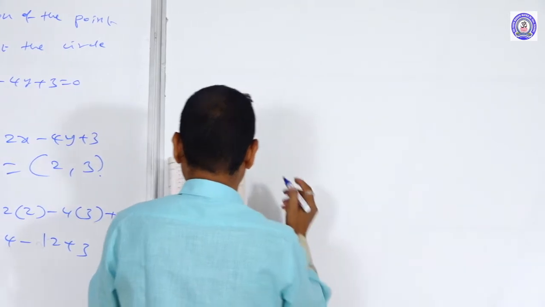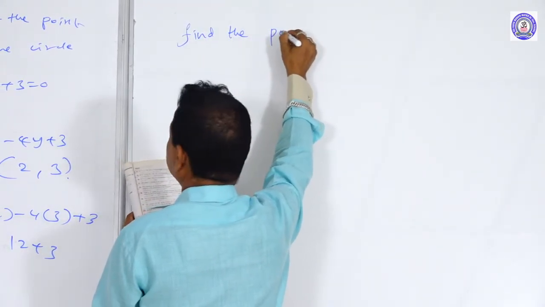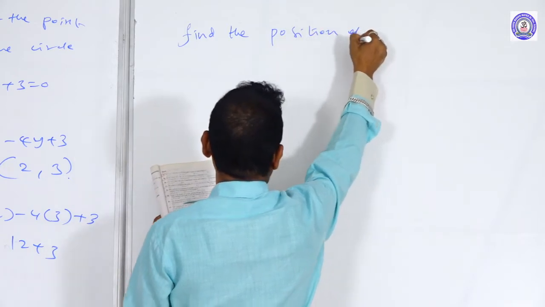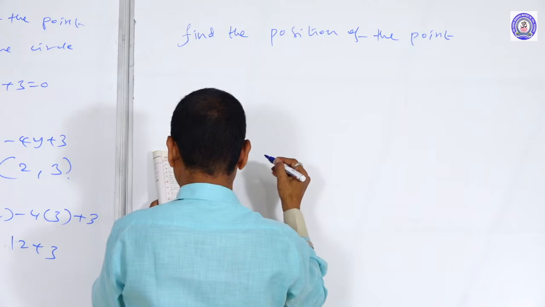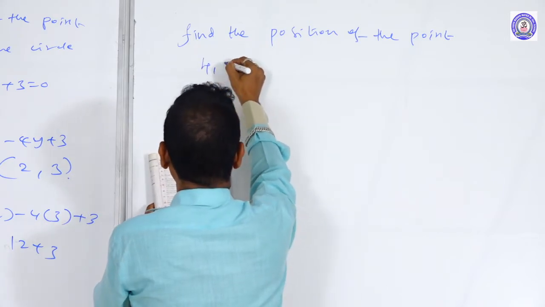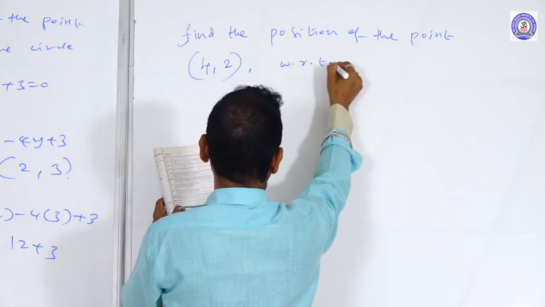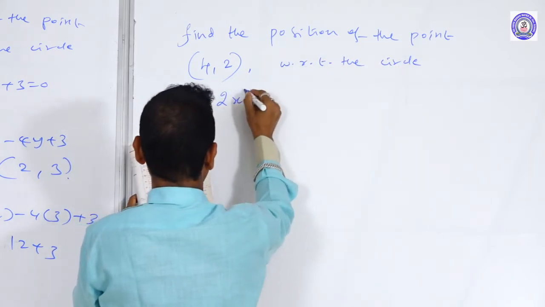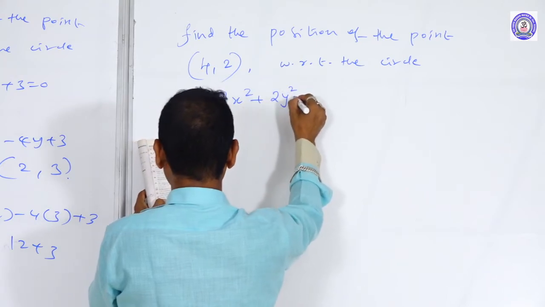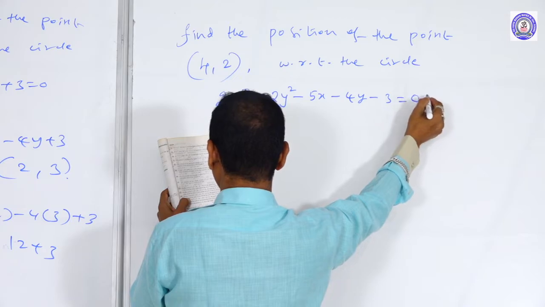Next, find the position of the point (4, 2) with respect to the circle 2x square plus 2y square minus 5x minus 4y minus 3 is equal to 0.